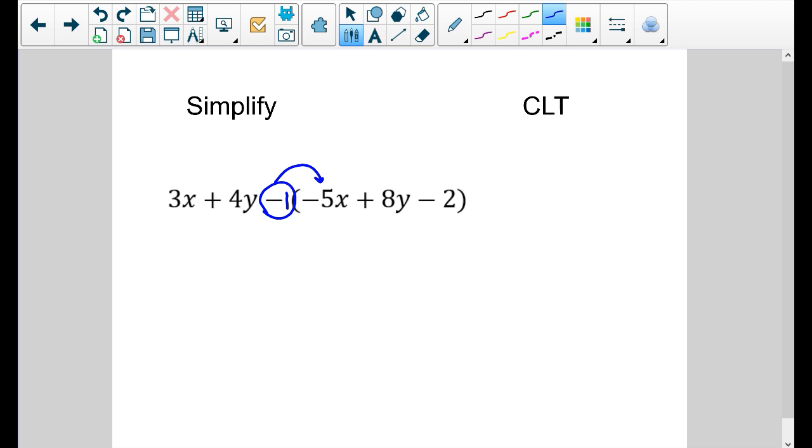So 3x plus 4y. Negative 1 times a negative 5x gives me a positive 5x. Negative 1 times 8y is a negative 8y.